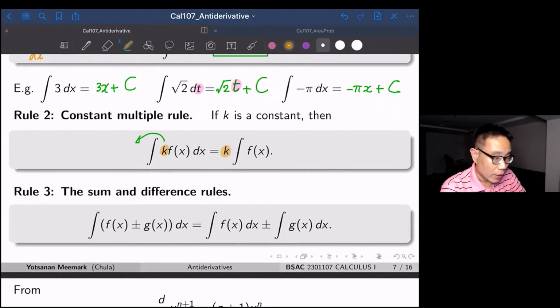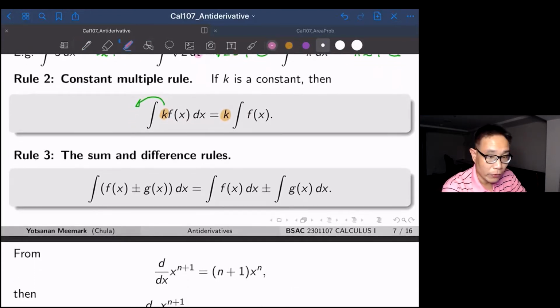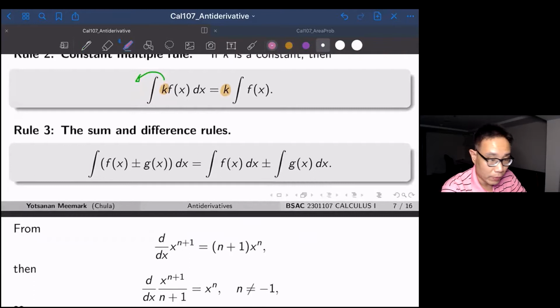And you have the sum and the difference rule. So if you would like to integrate f(x) plus g(x) dx or f(x) minus g(x) dx, you'll be able to integrate f(x) and then integrate g(x) and then you just sum them.